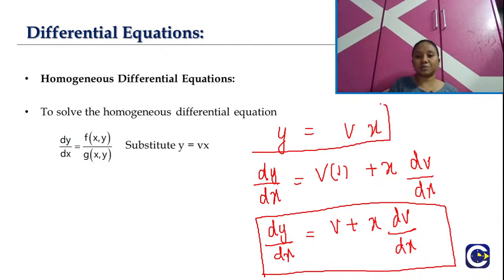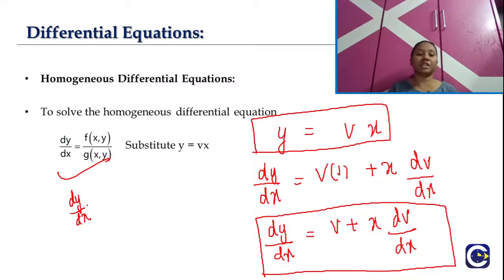These are the substitutions we replace in the homogeneous differential equation in order to find the solution. The first thing is to check whether the given differential equation is homogeneous or not. Once it is, we verify whether it is in the format of dy by dx or dx by dy, so that we can use the appropriate substitution.